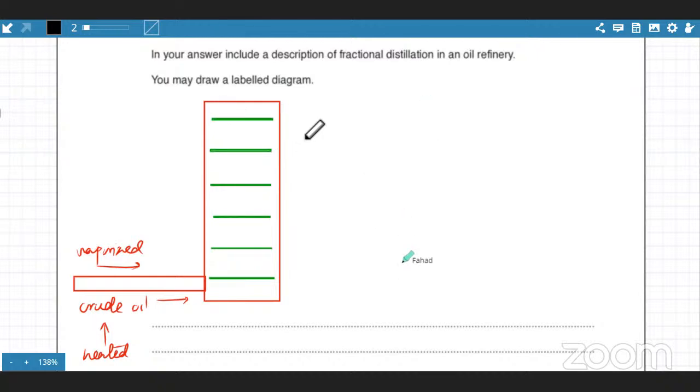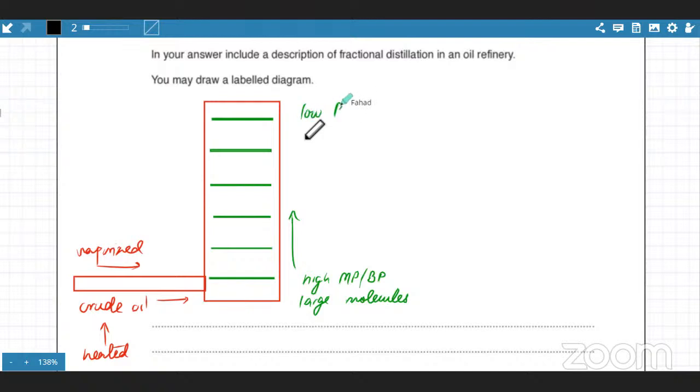So the vapor starts to rise up. At the bottom, the substances that have high melting and boiling points, they condense. And those are basically the ones that have large molecules. So substances that have very large molecules, they're going to condense at the bottom. And substances that are smaller in size and have low melting and boiling points.